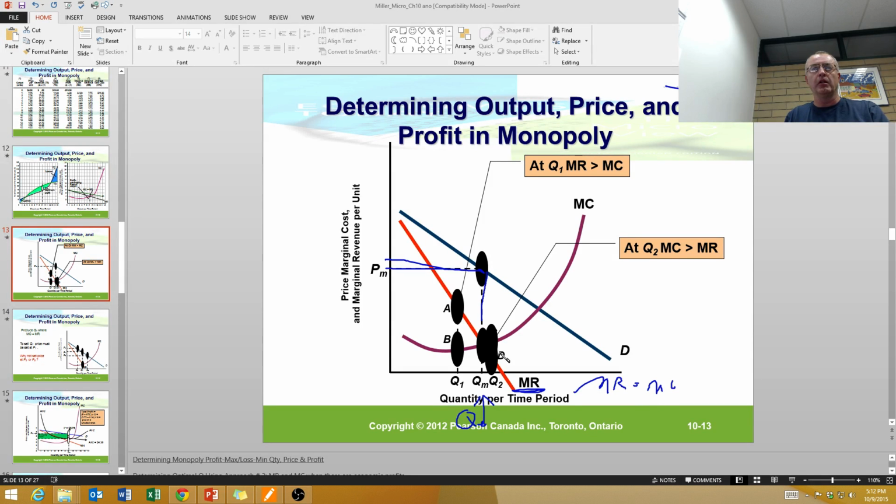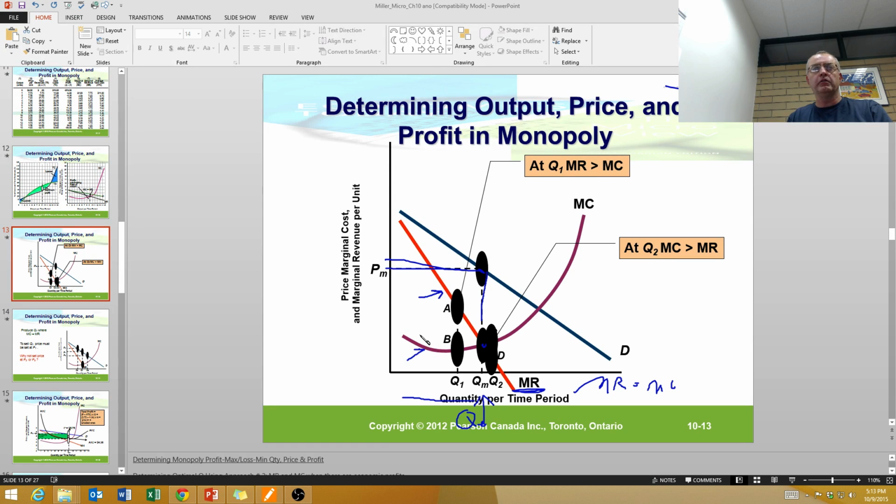Unfortunately, we have these big blobs on the screen, and it's kind of hard to see very clearly. But we can see that if we operate in this area to the left, our marginal cost, this purple line, is less than our marginal revenue, which is the red line.